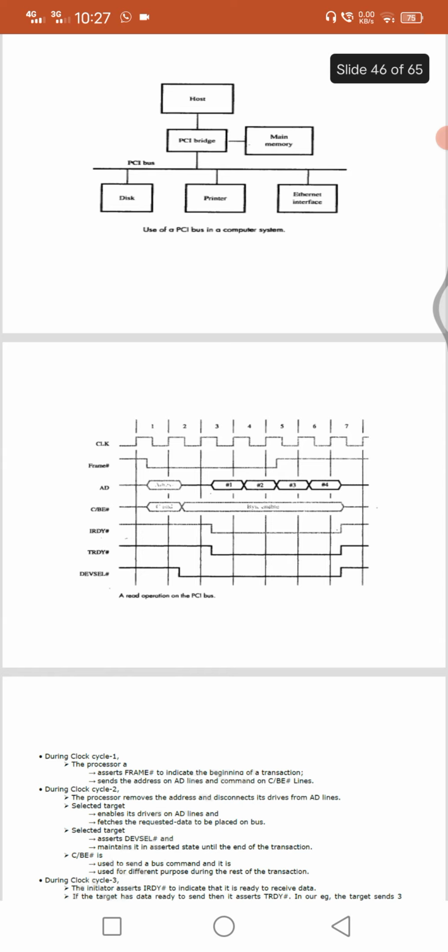This is the timing diagram for the read operation of the PCI bus. How are we going to read data from the PCI bus? The clock pulse is there, and frames are there.